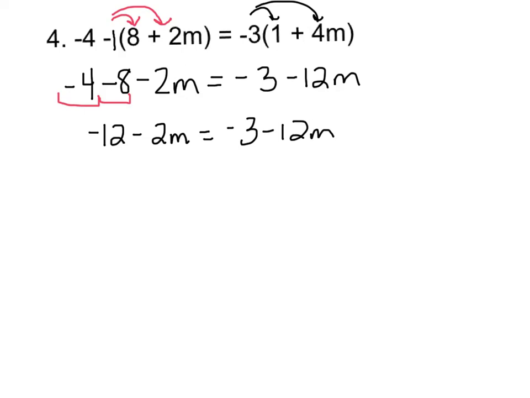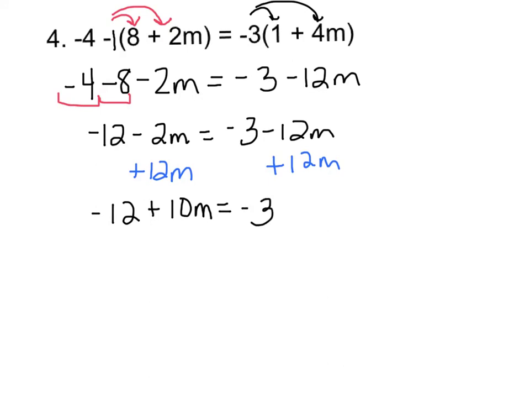I now want to get the variable on one side. So I'm going to look here, and the smallest m is negative 12m. So I'm going to add 12m. That gives me negative 12, negative 2m plus 12m gives me 10m. Different signs, remember I subtract them, equals negative 3. Now you follow the same steps as before.